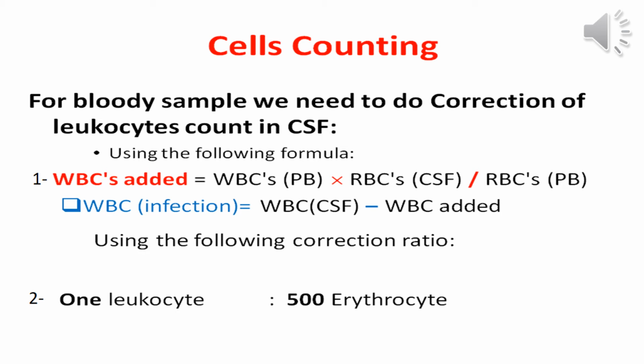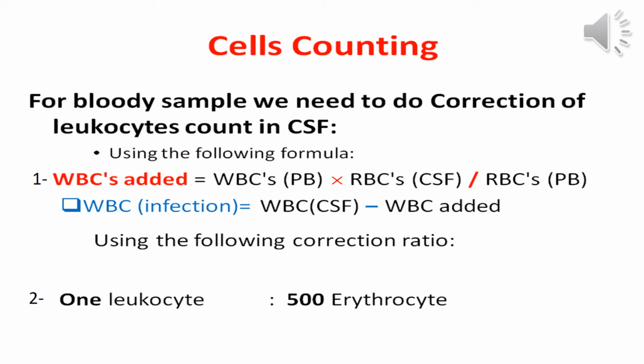When the blood comes into the CSF sample, white BC also come into it, mixing with the white BC that are present due to infection. So when blood enters, white BC enter and mix with the white BC present as infection in the CSF sample. At the same time RBC also enter your CSF sample. OK, it means that when you have a bloody CSF sample, RBC entered the sample and made it bloody, and at the same moment white BC entered with them.